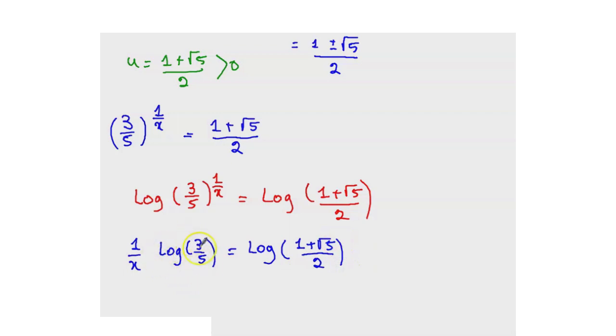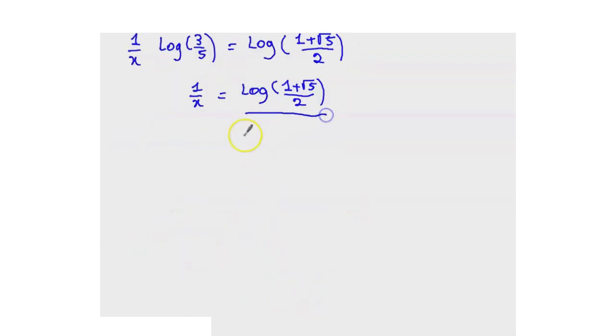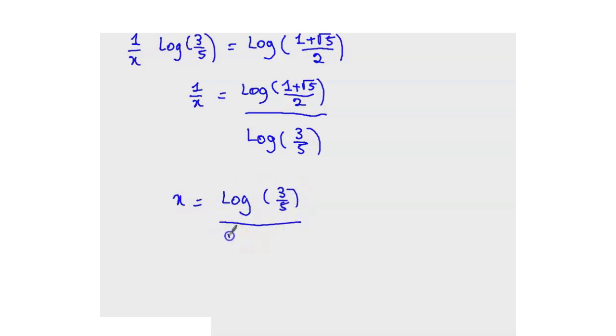Now if you divide both sides by log 3 over 5, 1 over x equal to log 1 plus radical 5 over 2 over log 3 over 5. So x will be the reciprocal of this one, so x equal to log 3 over 5 over log 1 plus radical 5 over 2.